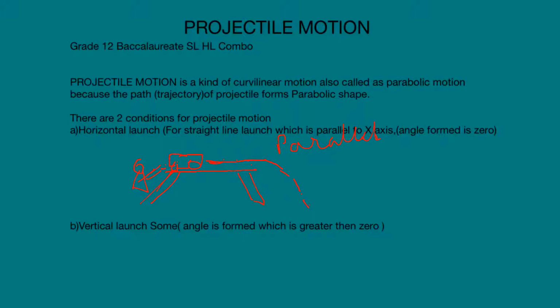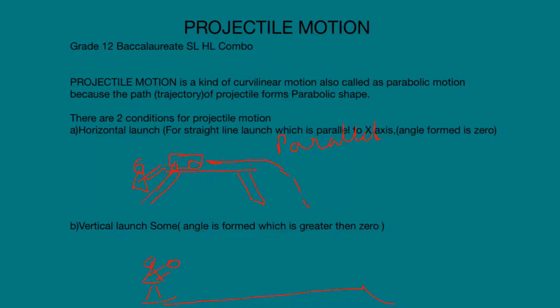Now further we will study vertical launch. What is vertical launch? In vertical launch it could be of both sides. Suppose a person is standing on a cliff and throwing a ball at some angle.